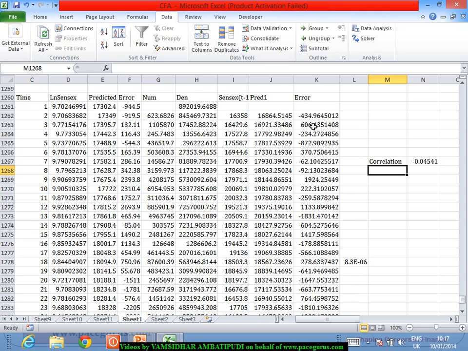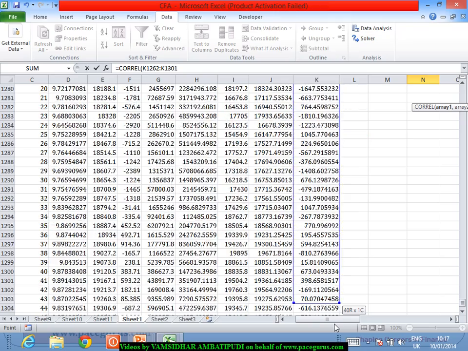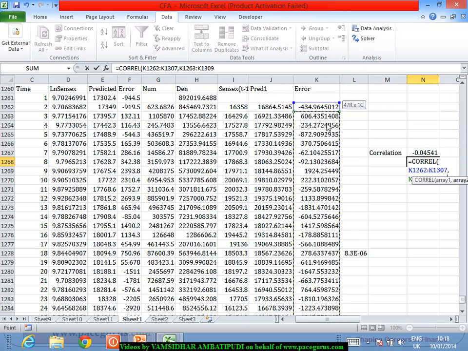The same way I can take it with a 2 period lag, from here till n minus 2, and from here. I'll omit two values here, between this to this, comma, this to this.